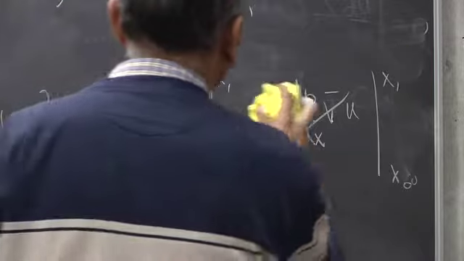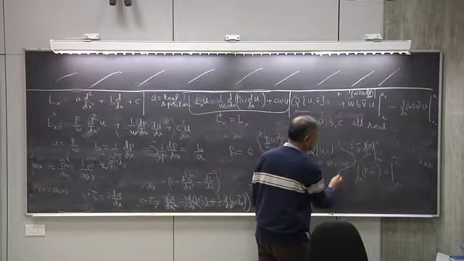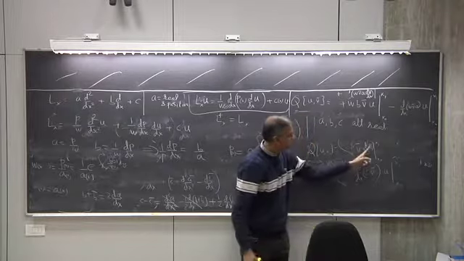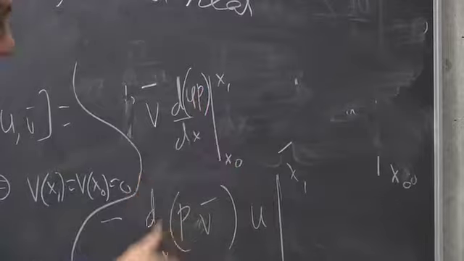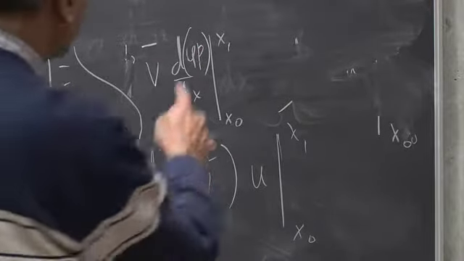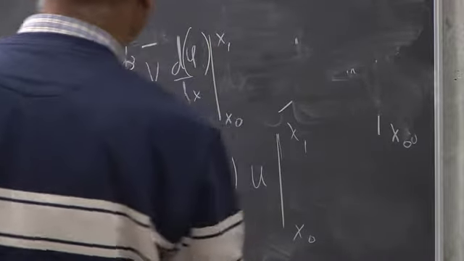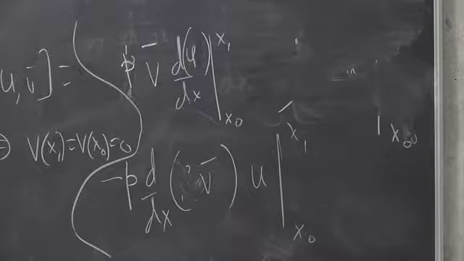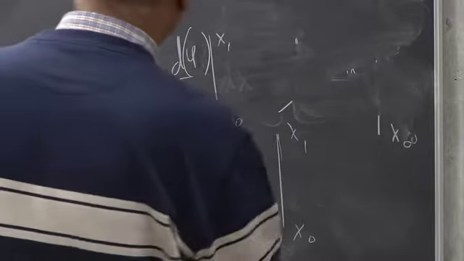Actually, I could have simplified this at both places. The dp by dx term cancels between the two, since the derivative acts here also. So this P comes out, and the only term which survives is that. Since P is not 0 anywhere, this is what we want to vanish.